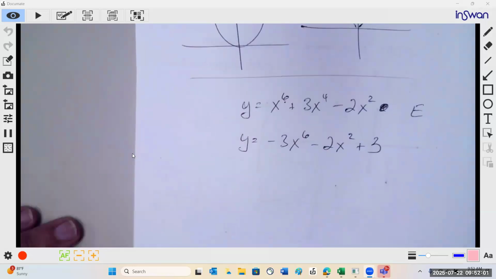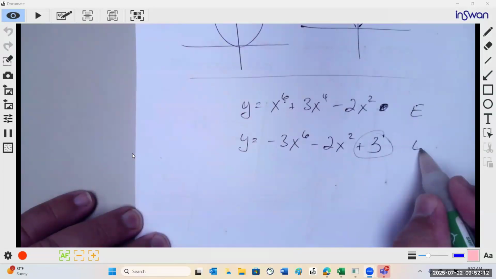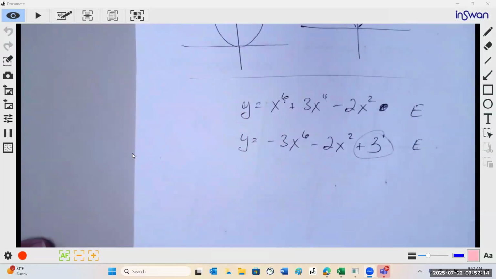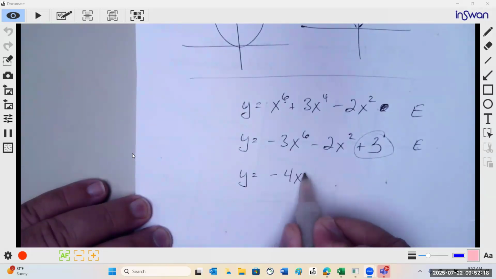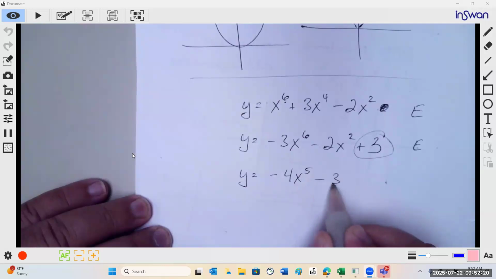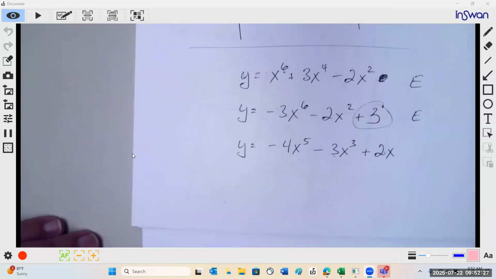How about this one? It's still even. All of these are even exponents, and constant functions are even. So this is even. How about that one?